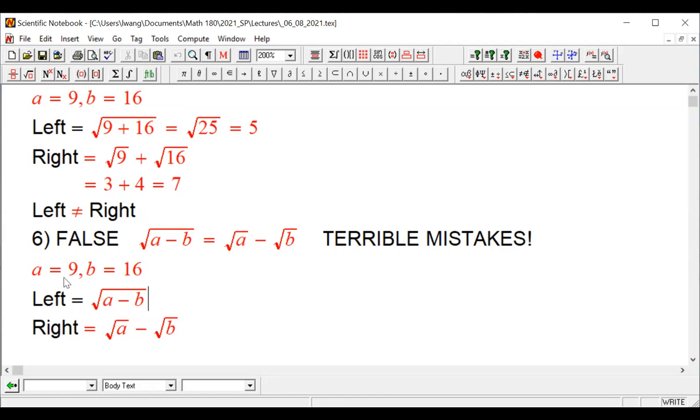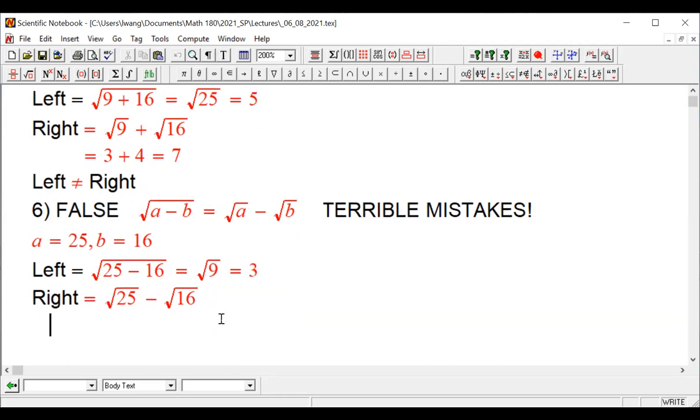Anyway, so here I'm going to make a switch. Okay, I'm going to make some changes. I'm going to use 25, 16, right? So 25, 16. Okay, so this we're going to make it root of 9, which is 3.